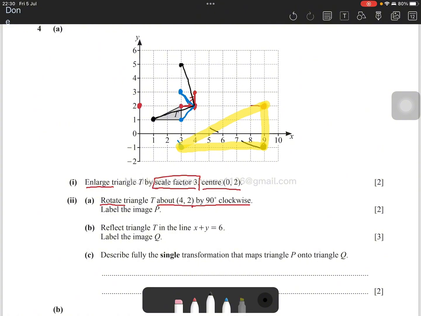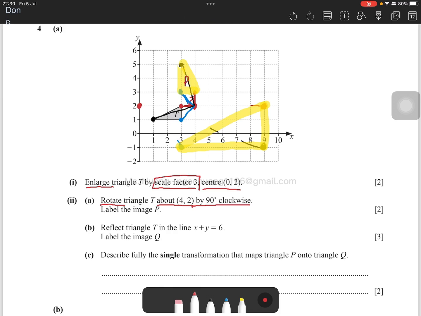And now we will draw a triangle for these 3 vertices. I will call this triangle image P. This is P.